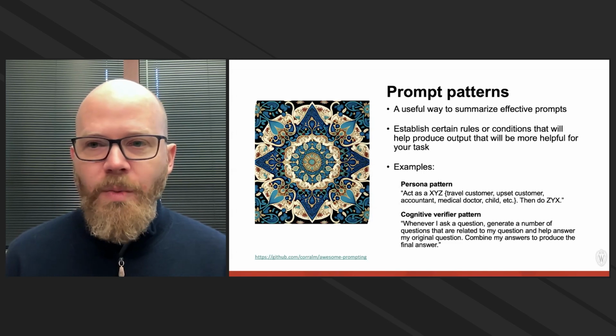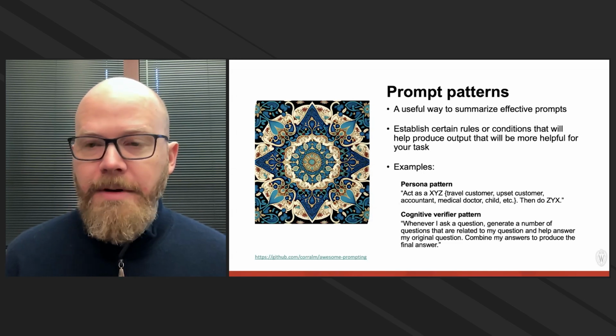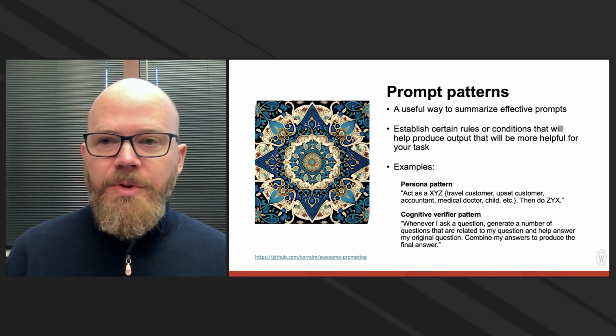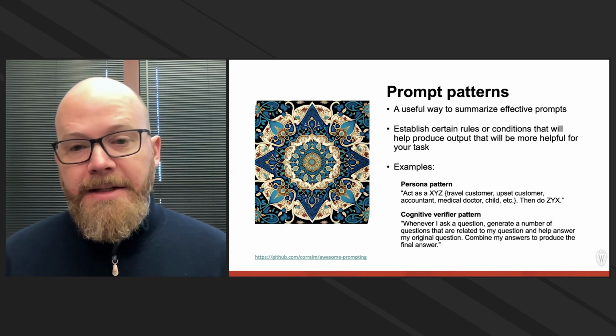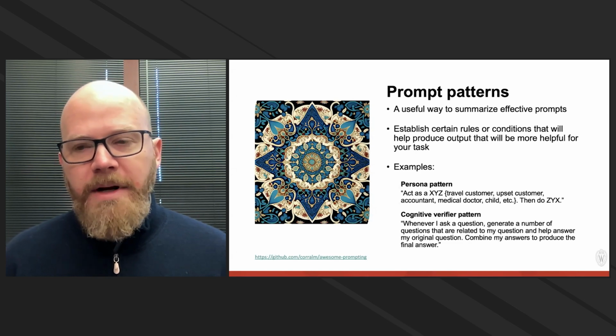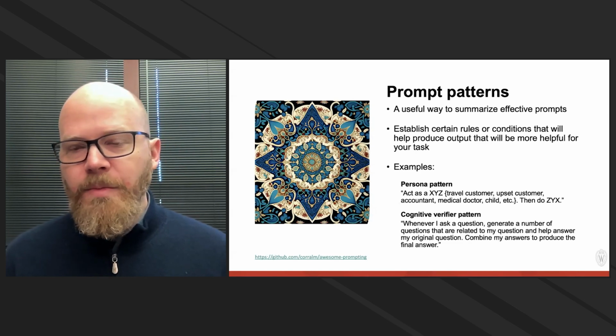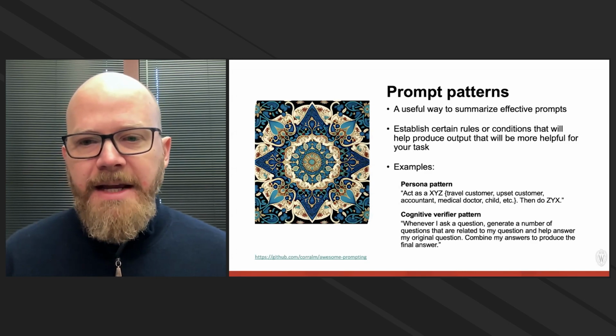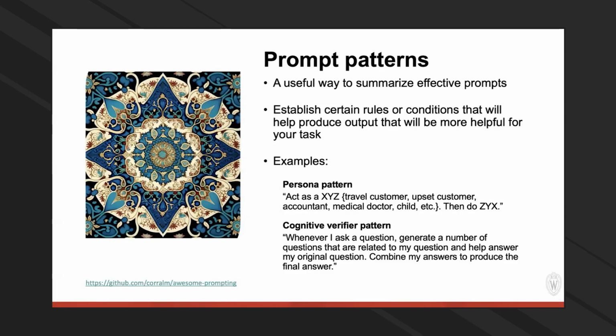It will take us a while to really understand and figure out how to best interact with the large language model to create meaningful output. And so there's a lot of work out there where people are looking at how you should develop your prompts in order to get better results. For example, here a good tip is this persona pattern, right? Tell the large language model what role it should play, right?